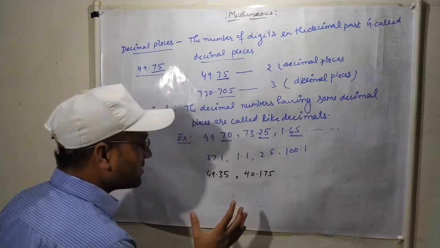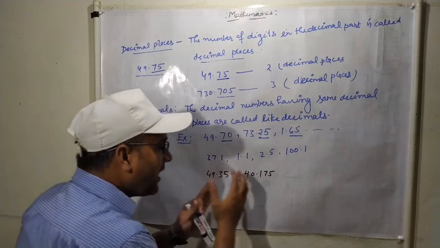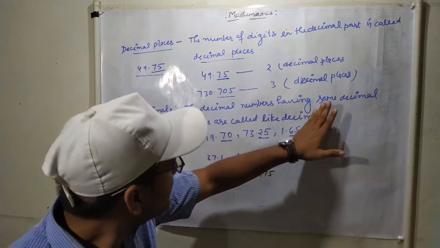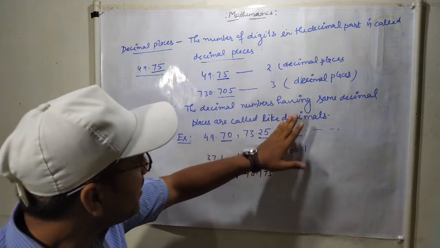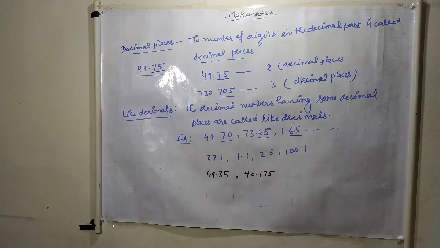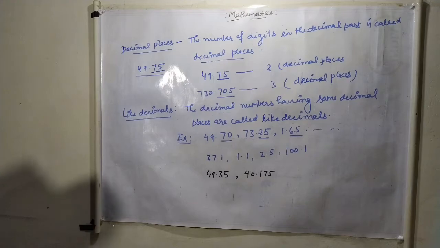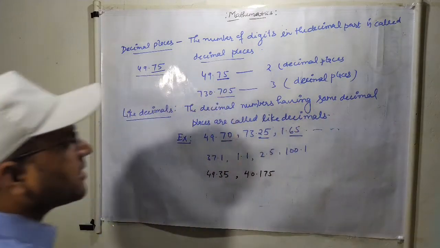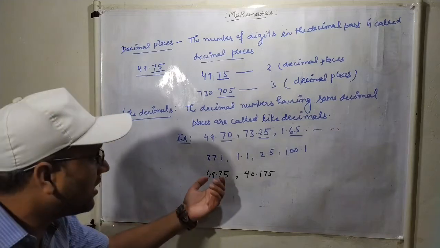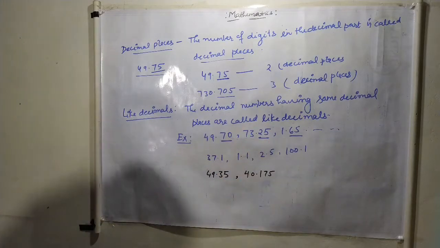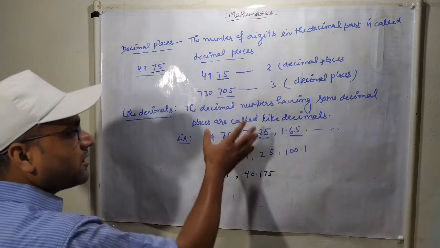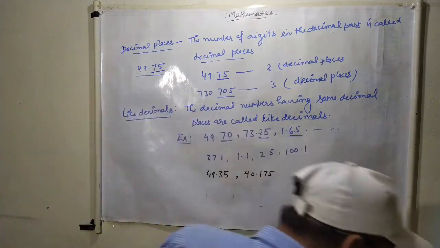Very easy, students. The decimal numbers having different, not the same, decimal places are called unlike decimals.